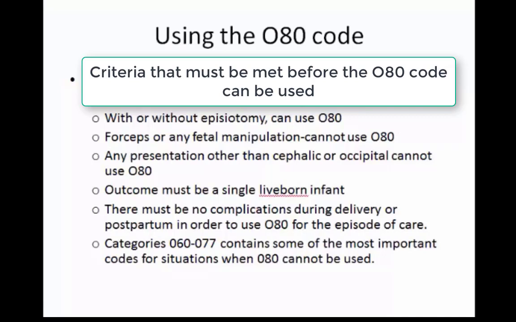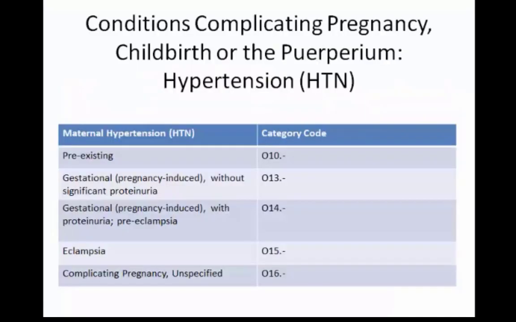No complications, either during delivery or postpartum, for that episode of care. And this is an interesting fact. I was reading through some things and saw that categories O60 and O77 contain some of the most important codes for situations when you cannot use the O80 code. Let's look now at some conditions that complicate pregnancy, childbirth, or the puerperium, and one of them is hypertension.